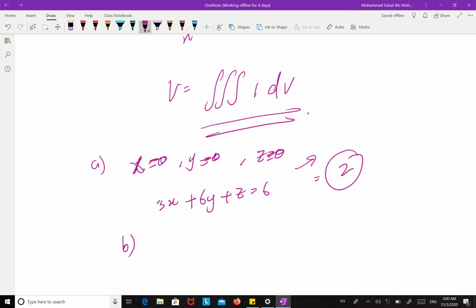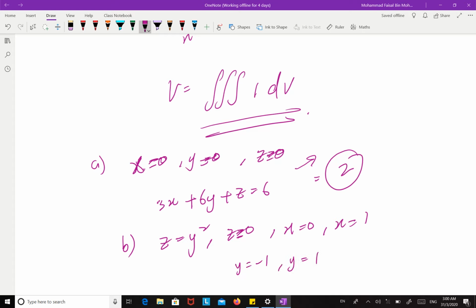So now I want to show you 3B. Question 3B. They give you Z equals to Y. Okay, Z equals to 0, X equals to 0, X equals to 1, Y equals to -1, Y equals to 1.